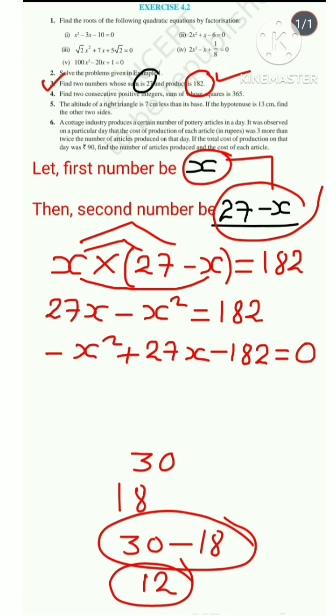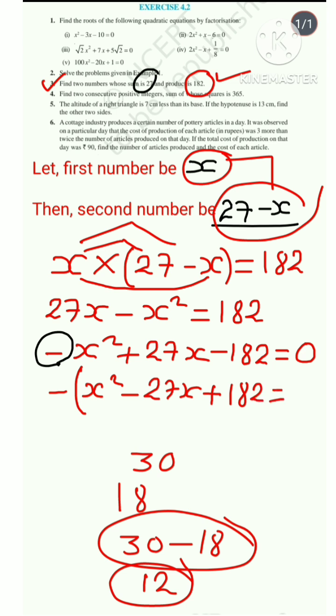Here we can see in the first term there is the sign of subtraction, and to remove this we can take minus as common, and in doing so all signs will be changed. So we have taken minus common, then minus into minus plus x square, minus into plus minus 27x, minus into minus plus 182 equal to 0.